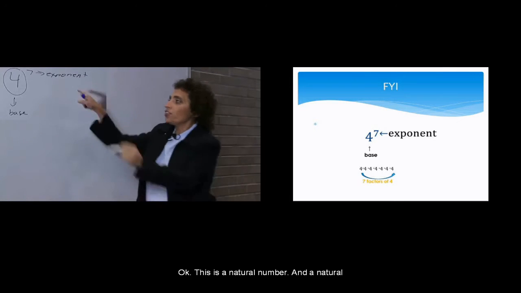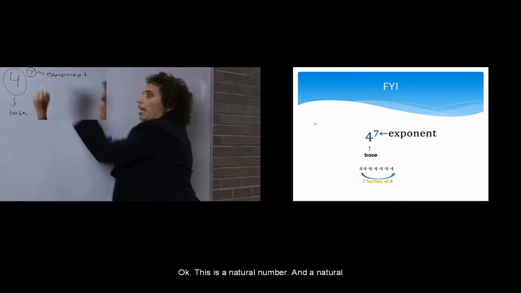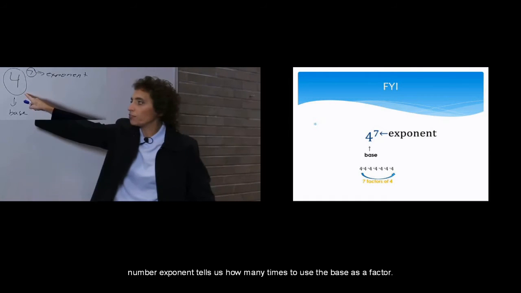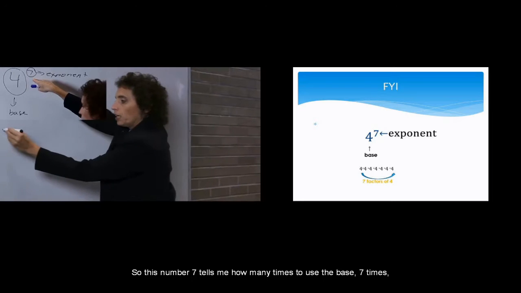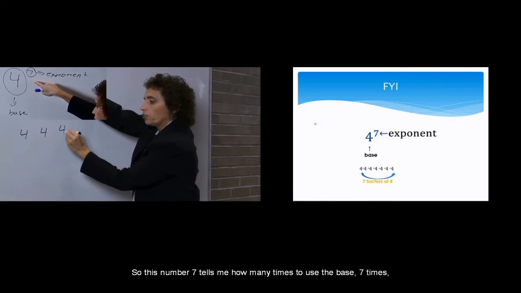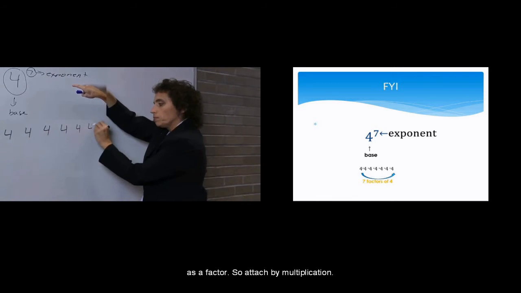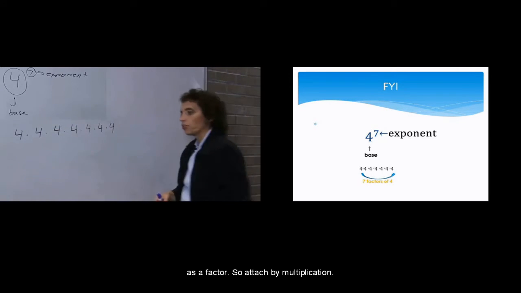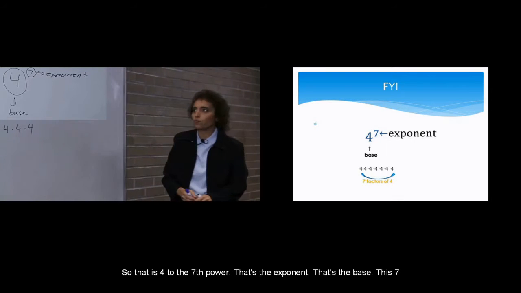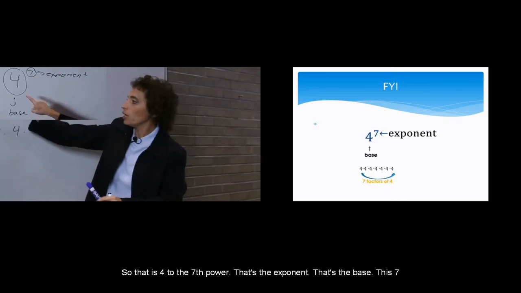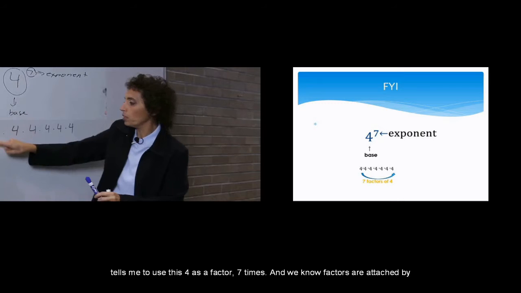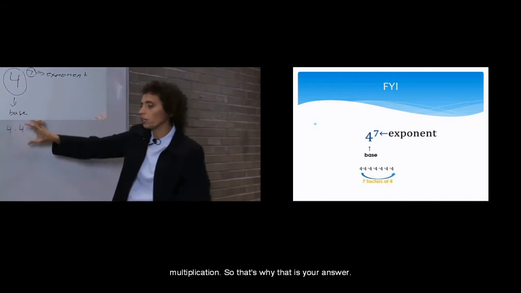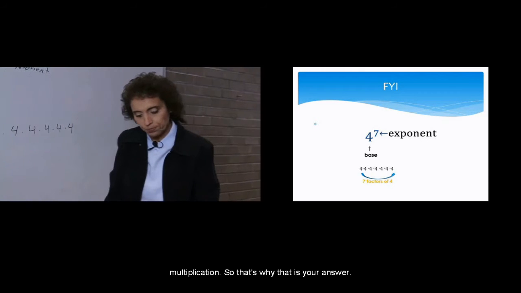This is a natural number, and a natural number exponent tells us how many times to use the base as a factor. So this number 7 tells me how many times to use the base, 7 times, as a factor, so attached by multiplication. So that is 4 to the 7th power. That's the exponent. That's the base. This 7 tells me to use this 4 as a factor 7 times. And we know factors are attached by multiplication.